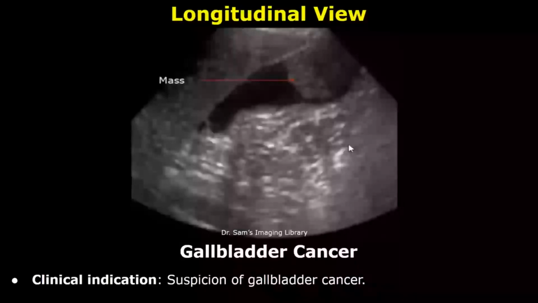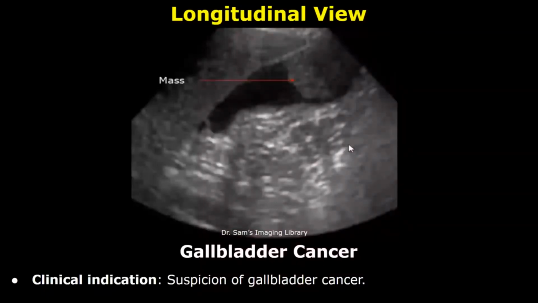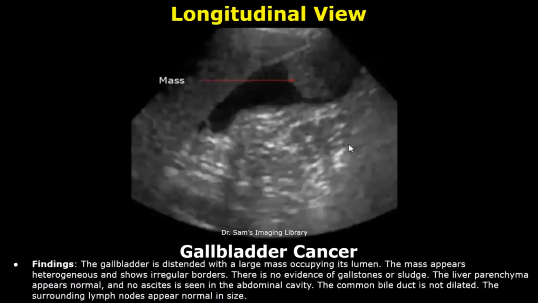Now we will look at gallbladder cancer. The clinical indication here is suspicion of gallbladder cancer. In the findings, you can write a large mass occupying the gallbladder lumen. The mass appears heterogeneous and has irregular borders.